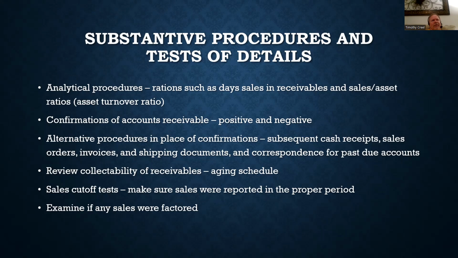A negative confirmation would be basically, you don't have to contact us unless this amount is wrong. So again, a positive confirmation is confirm the balance and return it to the auditor. A negative confirmation is you don't have to send us anything unless this amount is wrong.